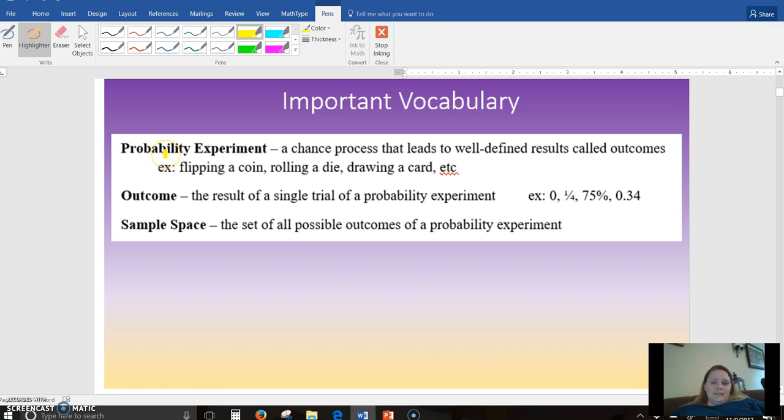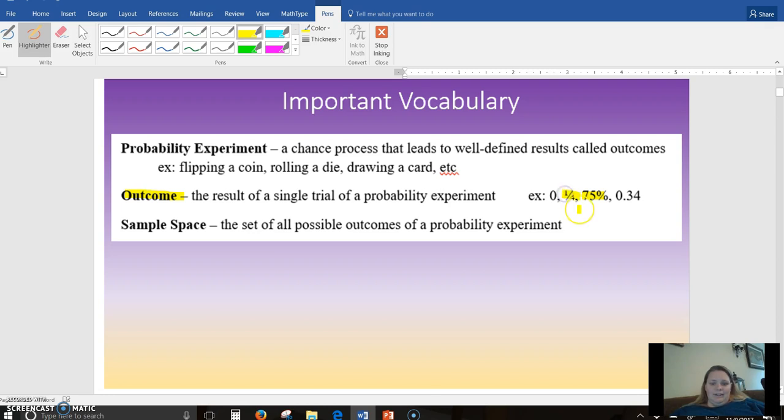Okay, so a probability experiment is you just actually doing it. You flipping a coin, you rolling a dice, you drawing a card out of a deck. The outcome is, there's a 75% chance of rain, or you have a red marble, a blue marble, a purple marble, and a yellow marble in a jar.